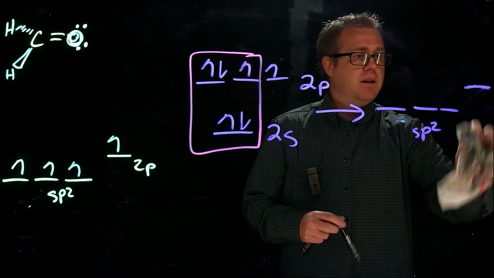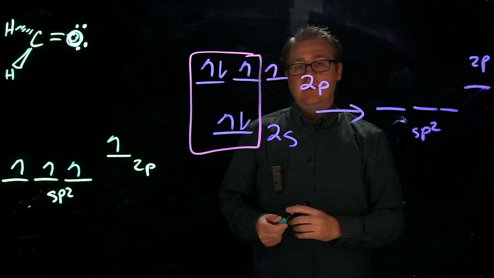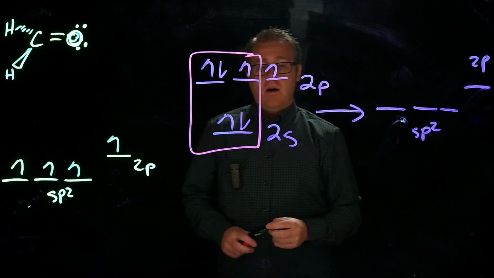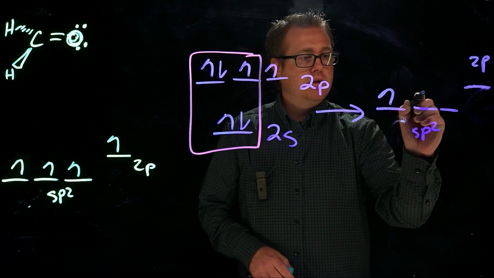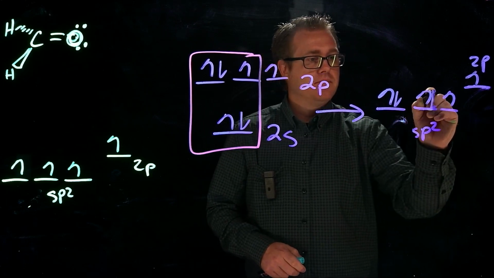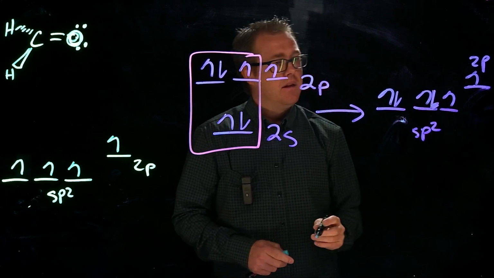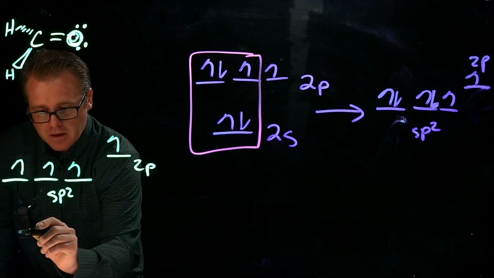And you can't see it. So that's our 2p right there, okay? And so the electrons there are going to look like this. So 1, 2, 3, 4, 5, 6. Okay? So I'm going to redraw that over here to make it look a little bit nicer.